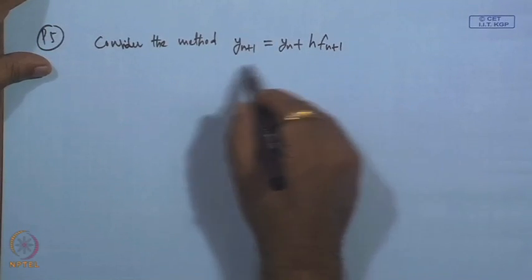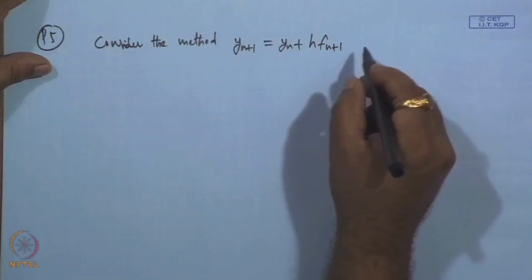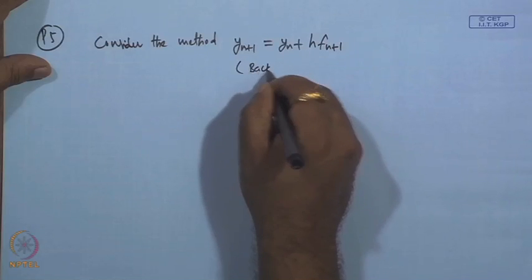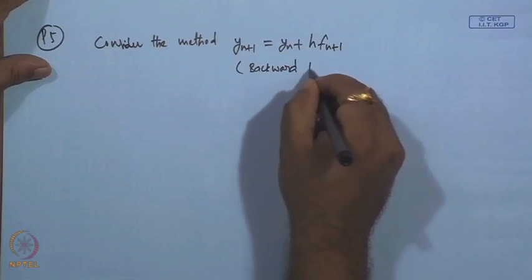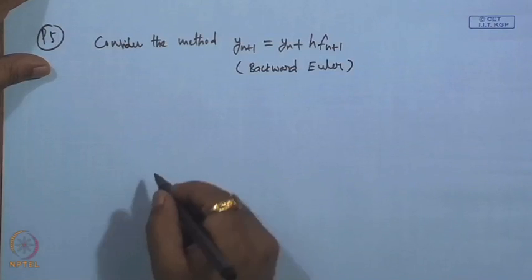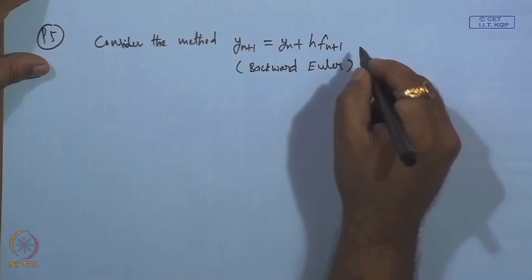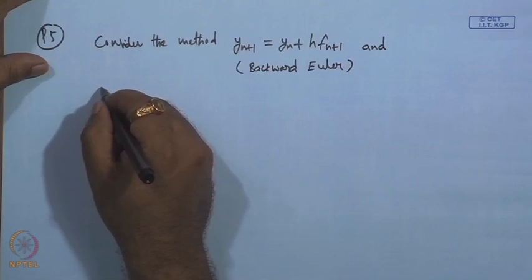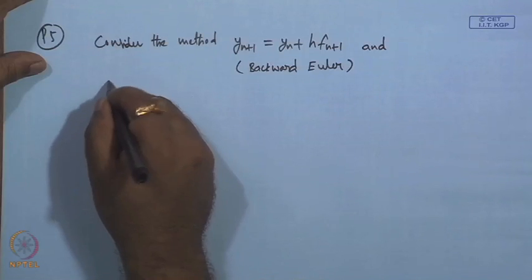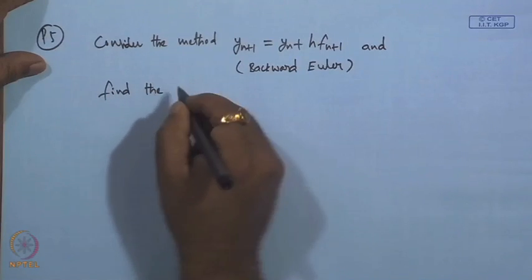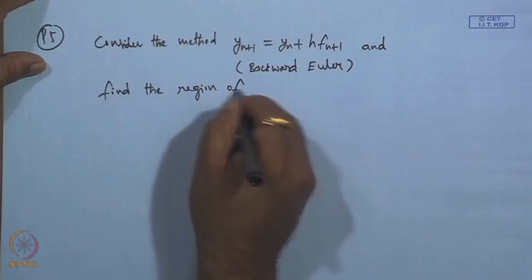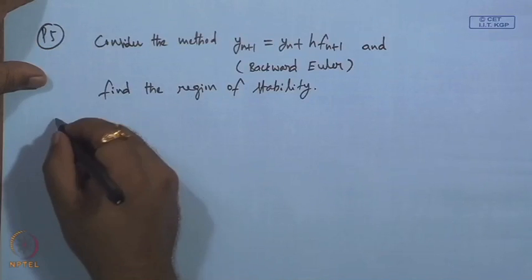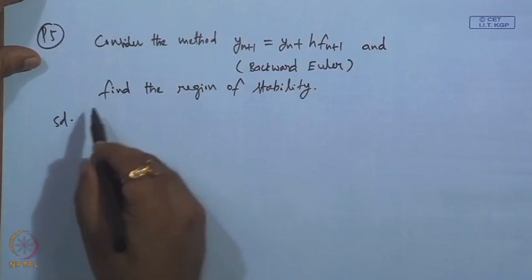This is almost looking like Euler, but this is called backward Euler. Consider the backward Euler method and find the region of stability.